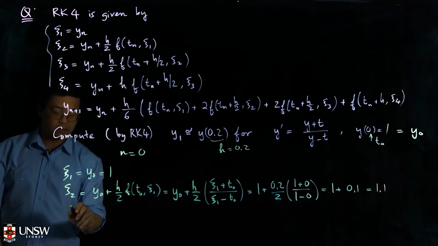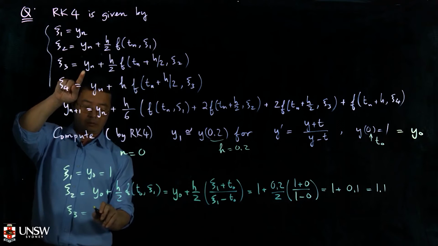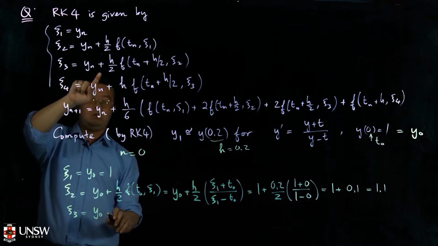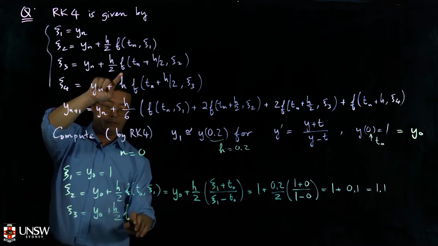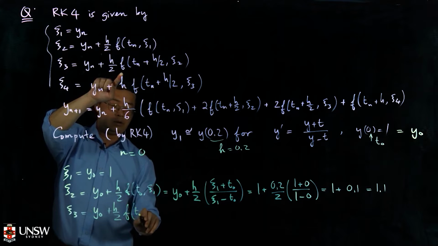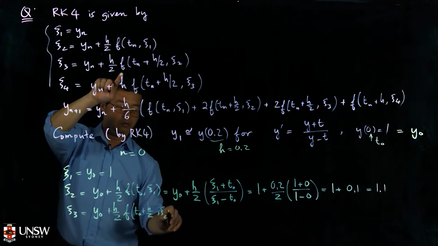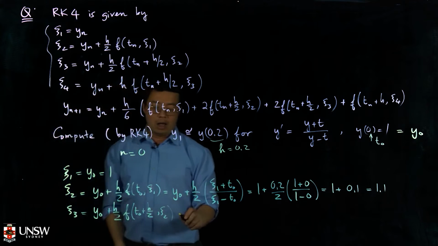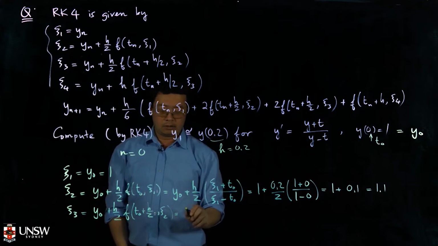Then you have xi3. xi3 will equal this formula: for n equals 0, y0 plus h over 2 times f at t0 plus h over 2, xi2. Now we replace the function f by the right-hand side.